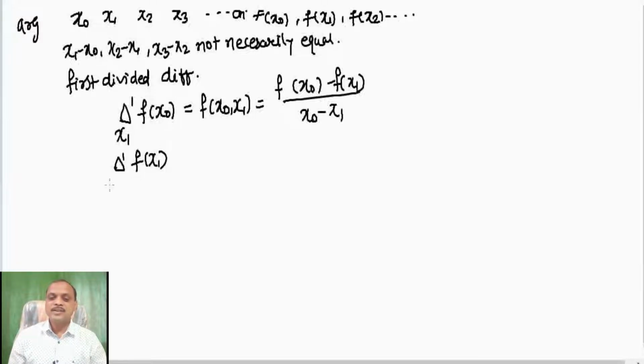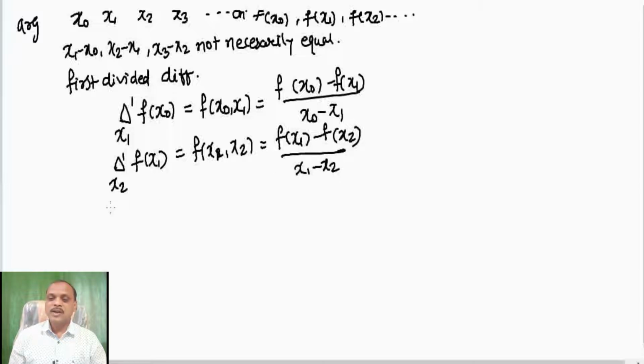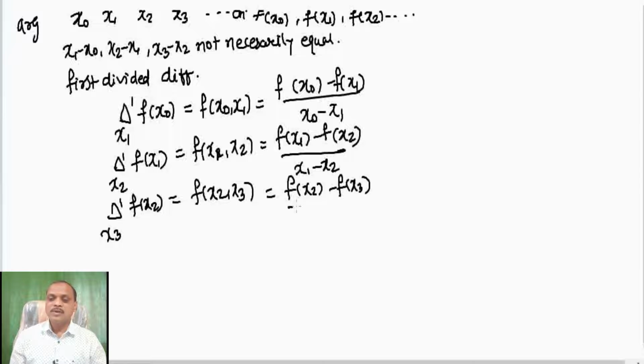The first divided difference for the points x1 and x2 is f of x1 comma x2, equal to f of x1 minus f of x2 divided by x1 minus x2. Between the points x2 and x3, f of x2 comma x3 equals f of x2 minus f of x3 divided by x2 minus x3. So in this manner we calculate the first divided differences.